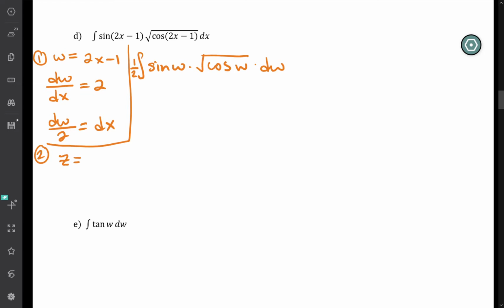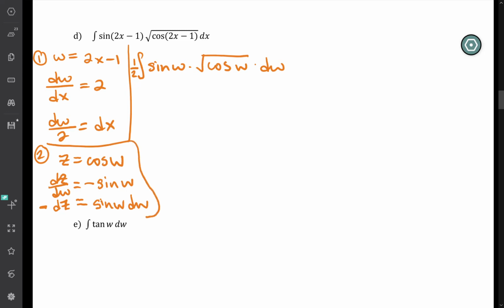So I'm going to say z is going to replace my cosine w. dz dw is going to be the derivative of cosine, which is minus sine w. If I start messing around with this, I could say, all right, so sine w and dw could get replaced by my dz as long as I throw an extra minus in the mix somewhere.